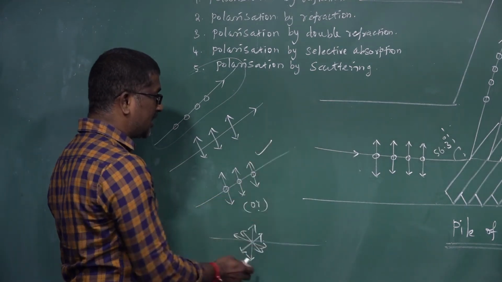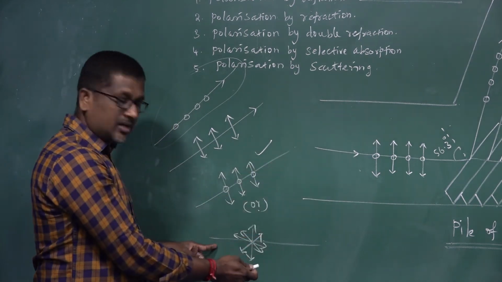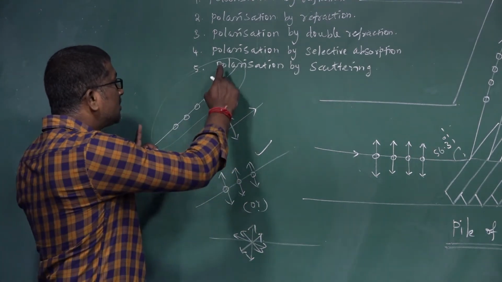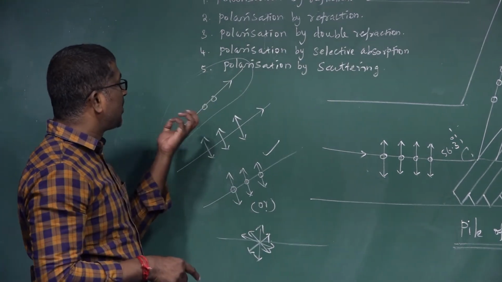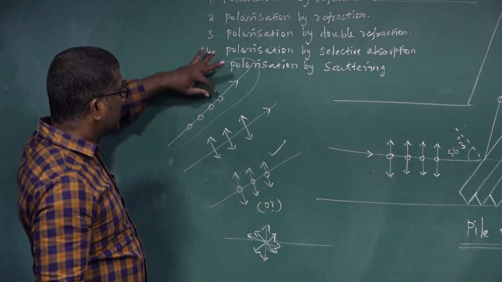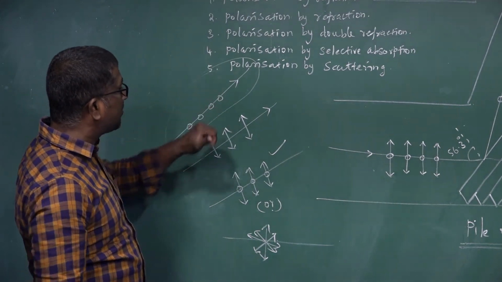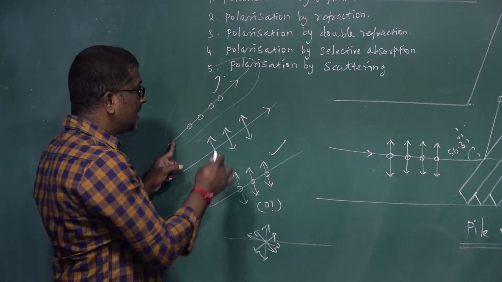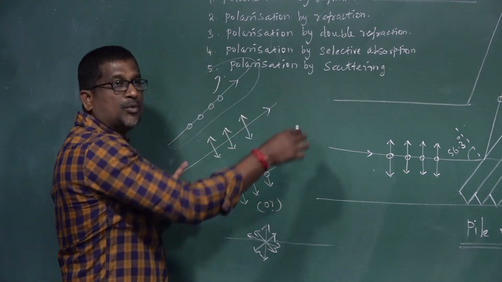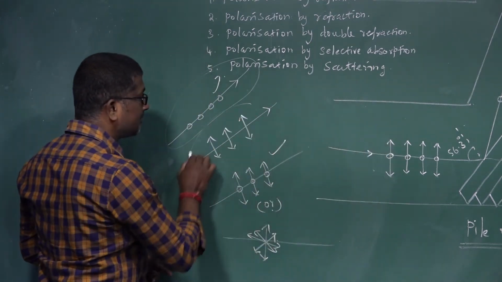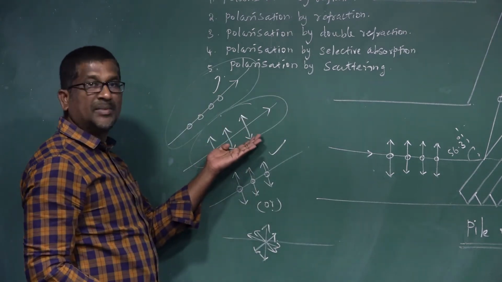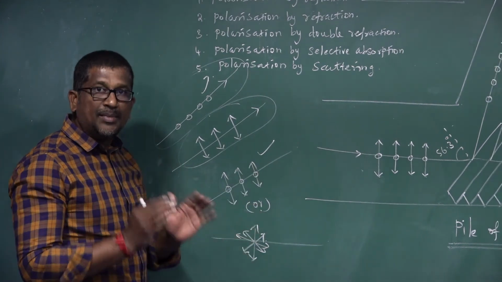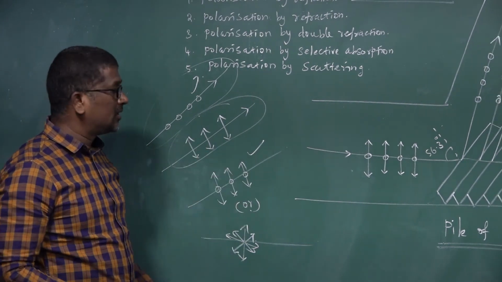But these two diagrams represent plane polarized light, because the vibration occurs in only one direction. If the vibration is perpendicular to the plane of the board, the polarized light is represented like this. If the vibration is parallel to the plane of the board, it is represented like this. But these two represent unpolarized light, in which the vibration occurs in all directions.